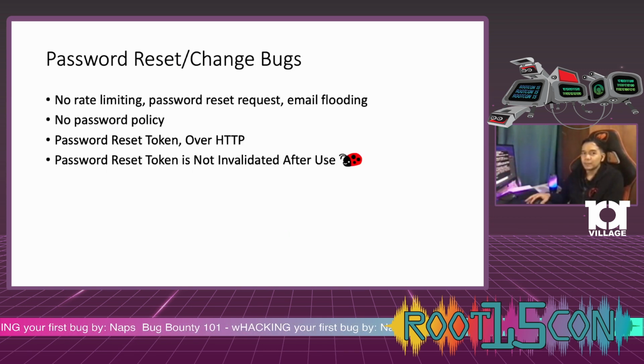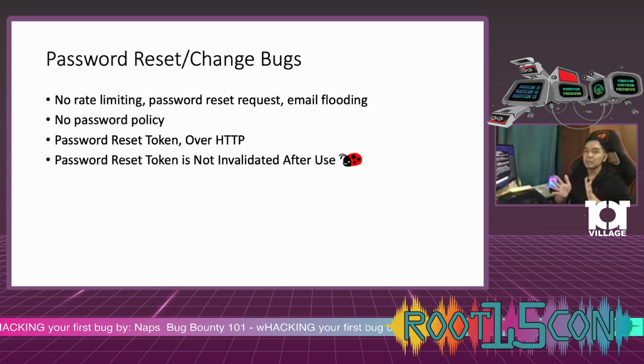So our next bug is password reset token is not invalidated after use. This is when you request a password reset and you can use it multiple times, meaning you could use the password reset URL multiple times and it does not expire. If you see something like that, you could report it.